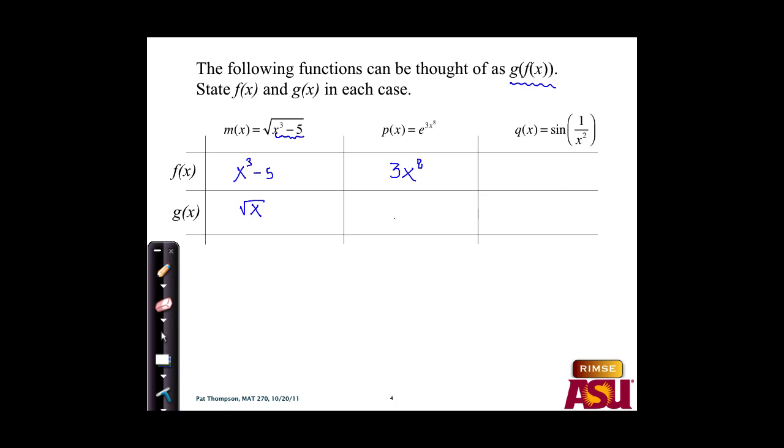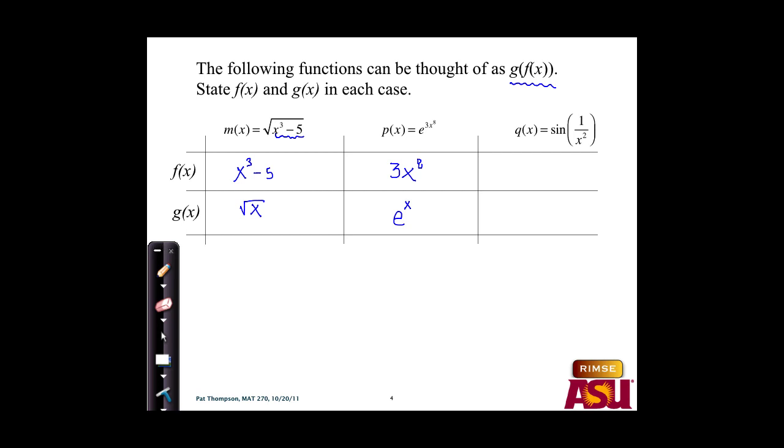Yeah, just e to the x, right? E to the x versus e to the f of x, or e to the 3x to the 8th. So g of f of x involves putting f of x in the independent variable spot from g. And either one of these, we know how to find derivatives of those sorts of things.